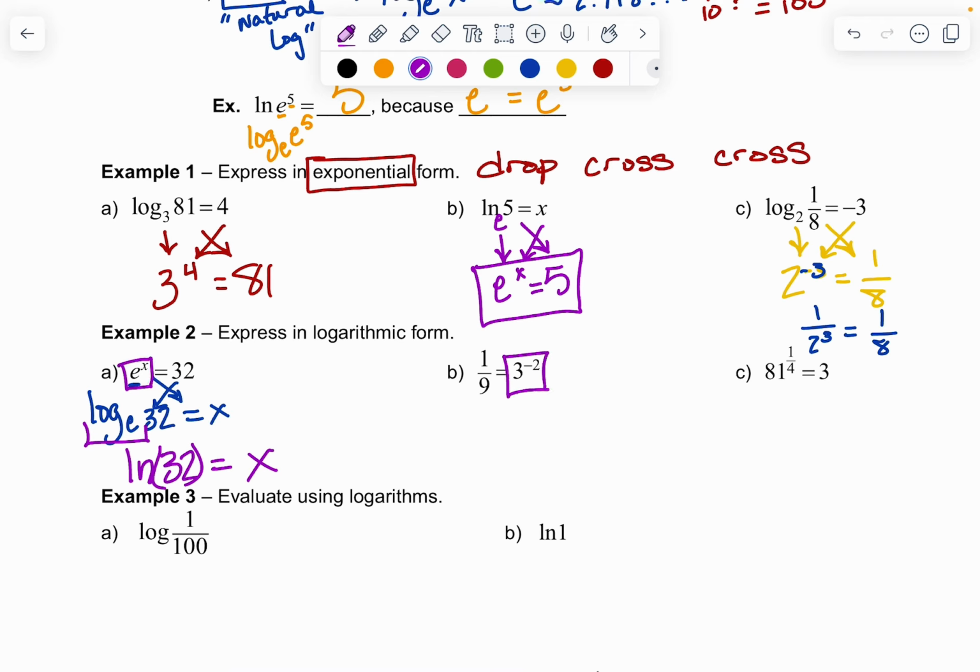So we always want to bring down the base of the exponent to be the base of the log down there. Then we would cross and cross, which means this one's all just messy. So let me just write this over here. That way this one's a whole lot cleaner.